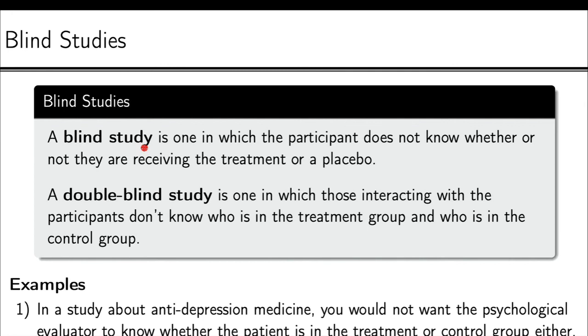But a little bit further than that, we have things called double-blind studies. A double-blind study is where a researcher that's actually interacting with the participants doesn't know what the participant is receiving, whether it's the actual treatment or a placebo.